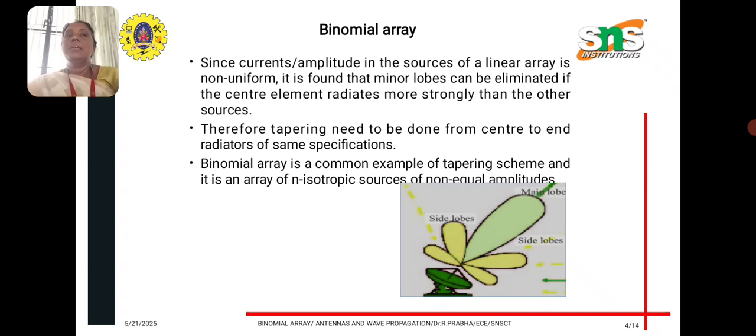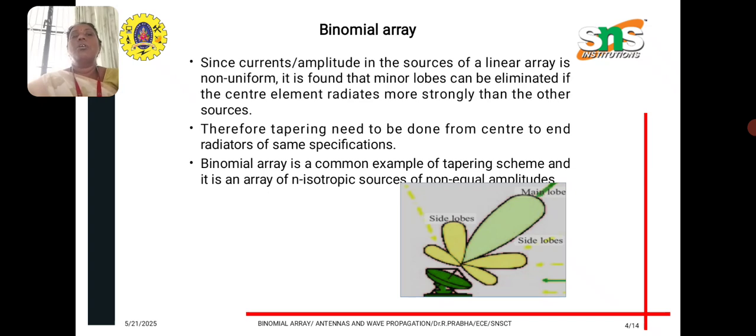In binomial array, tapering is used, since currents and amplitude in the sources of the linear array are non-uniform and minor lobes are eliminated. Tapering needs to be done from the center to the end radiators because the center elements radiate highly strongly.